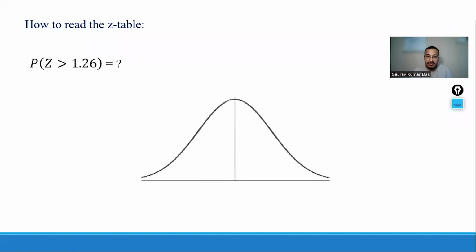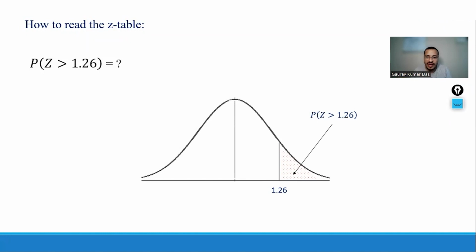So this is the normal distribution graph. This is my Z equal to 1.26. So this is the area which I want, probability of Z greater than 1.26. But if you go to the previous slide, the table which we had was actually given for probabilities which are less than that particular value.